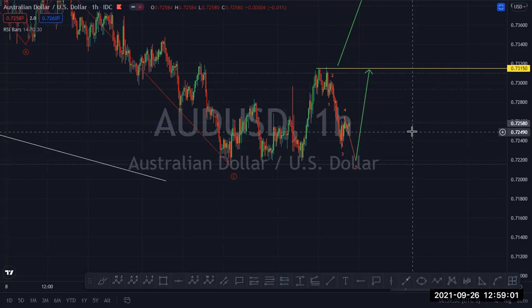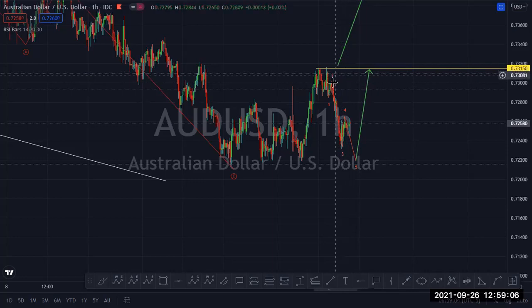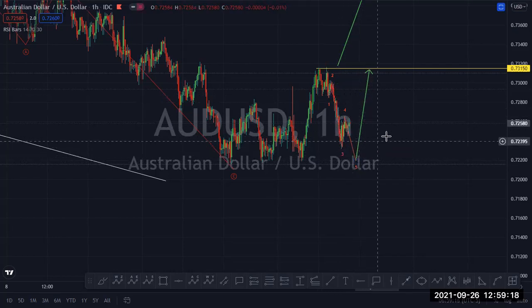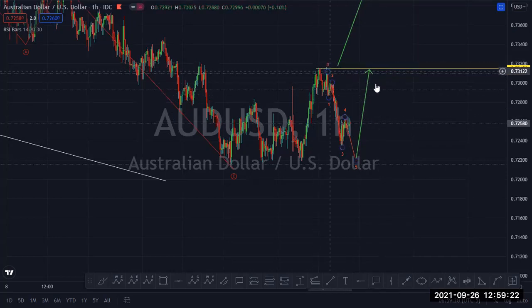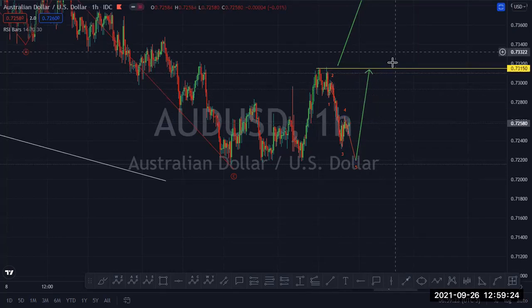I'm also looking at 1, 2, 3, 4, 5 waves. Okay. So if I get these 5 waves drop, I would like to buy it. So for now, the best thing to do is to wait for it to break this level before you buy.